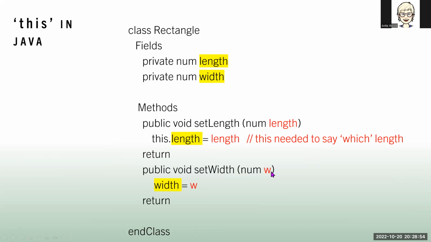I was specific to make it look different than what it was going to be assigned to. So this variable W, fairly easy to recognize what I'm trying to do. I'm taking this variable W and placing it in width.